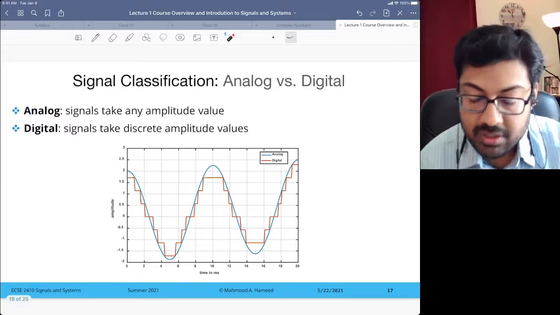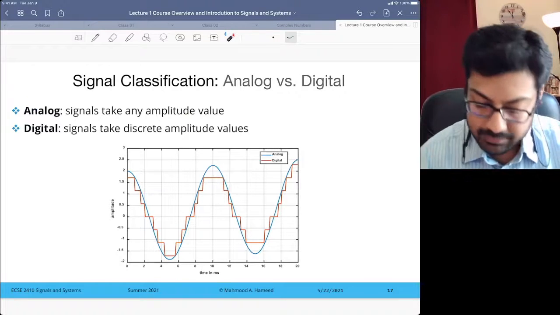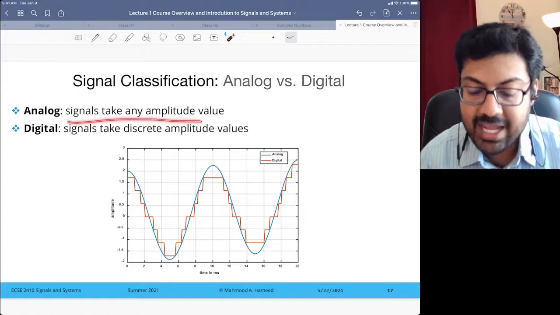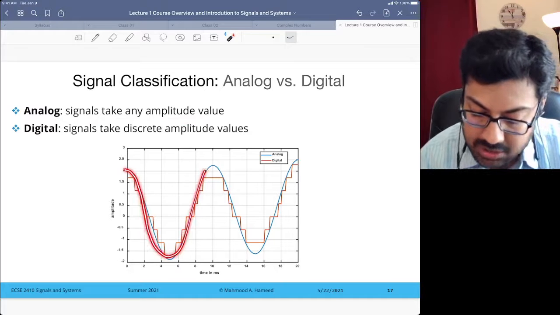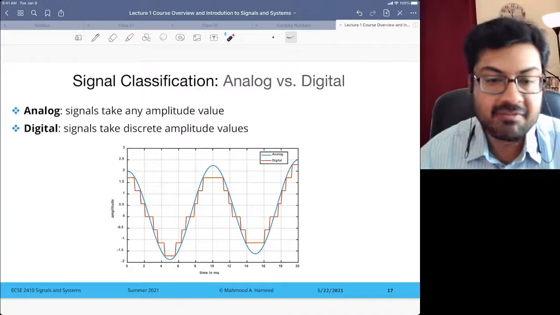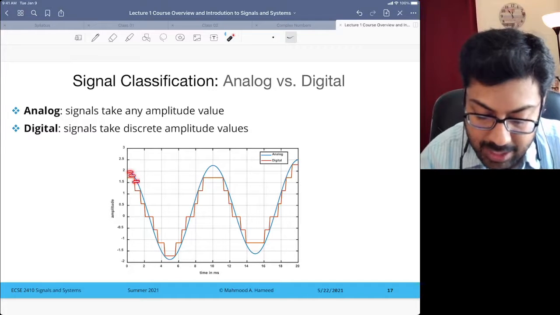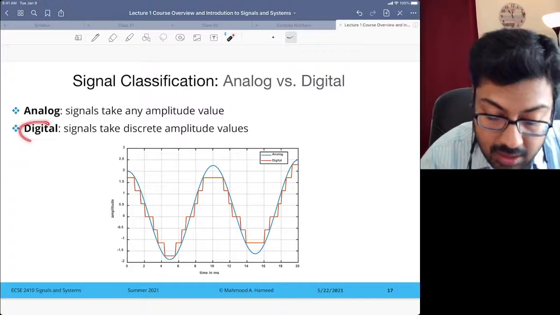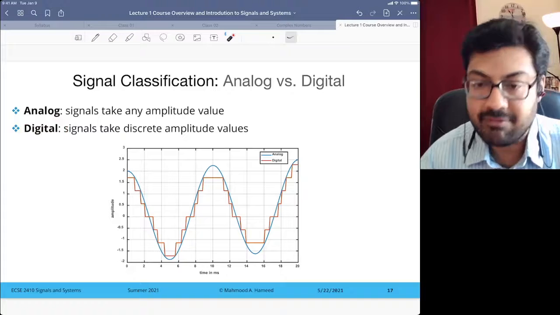All right. Next is the second classification, which is analog versus digital. An analog signal essentially means the signal can take any amplitude value. The blue line is the analog signal. It can take any value in time and any value in amplitude. However, a digital signal can only take discrete amplitude values.